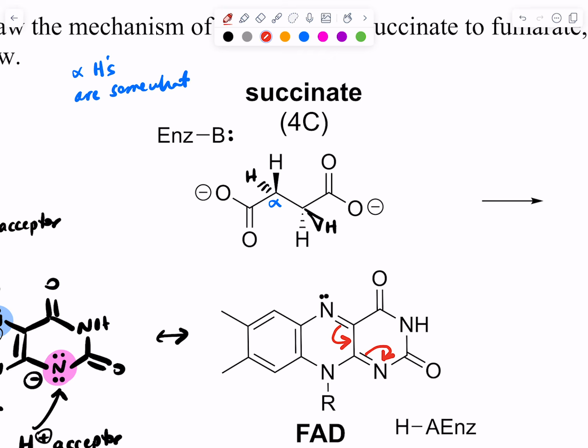So with that in mind, remove a proton. Electrons here kick down to form a pi bond. H with its electrons is going to be the leaving group. And it will leave but be directly handed off to this nitrogen.